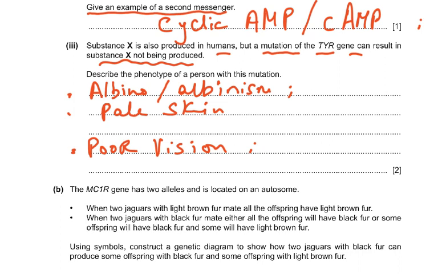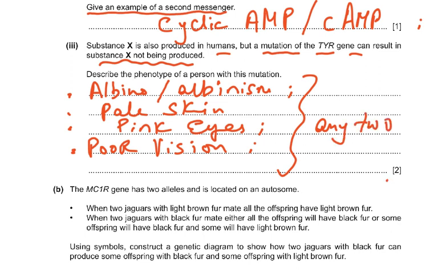But if you say somebody has poor vision, it means he can't see very clearly. There's a lot of difference between poor vision and blindness. I'm sure some of you must have written blindness, because the mark scheme says to reject or ignore blindness. So red eyes or pink eyes got you a mark. Any 2 out of these points, not all 4, would get you your 2 out of 2.